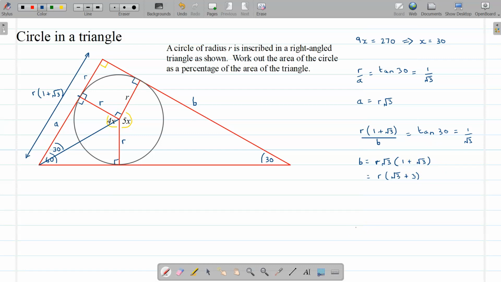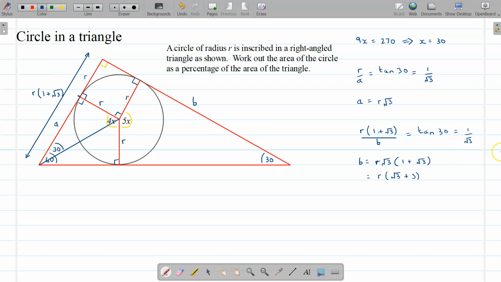Now, what we now have is a right-angled triangle where we know this length here and the perpendicular height. But you've got to imagine that this triangle is tipped over or rotated so that b is the base and this length here is the height.